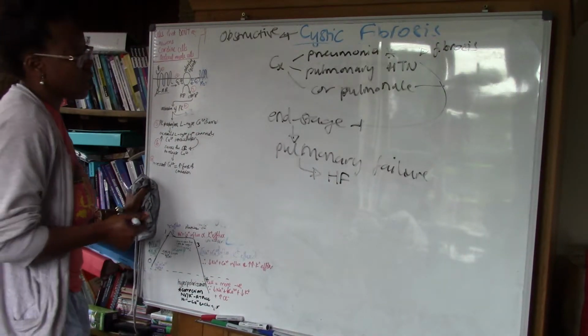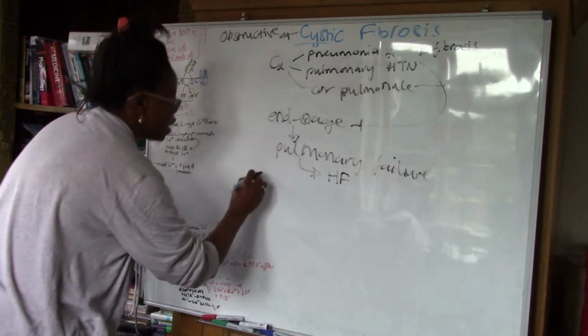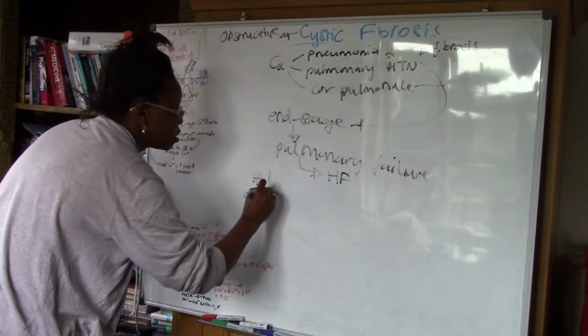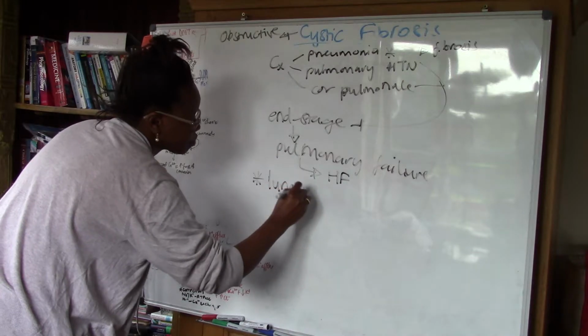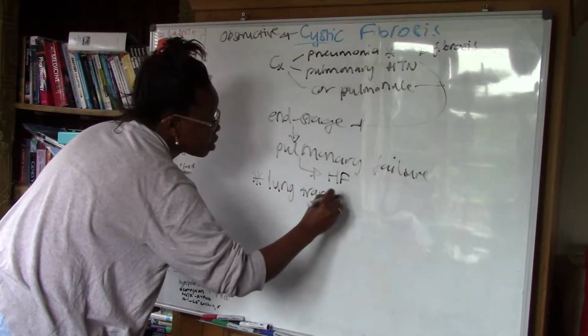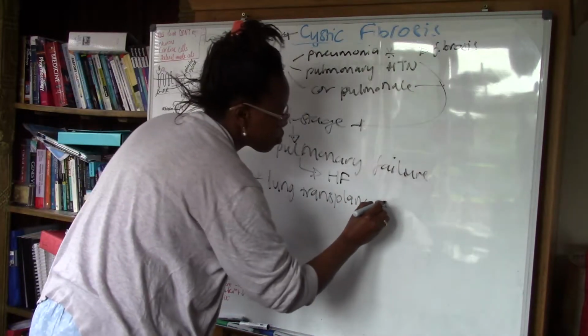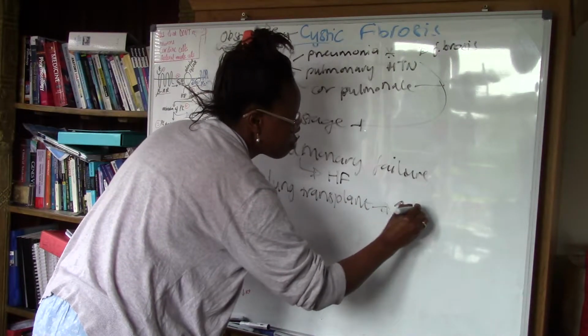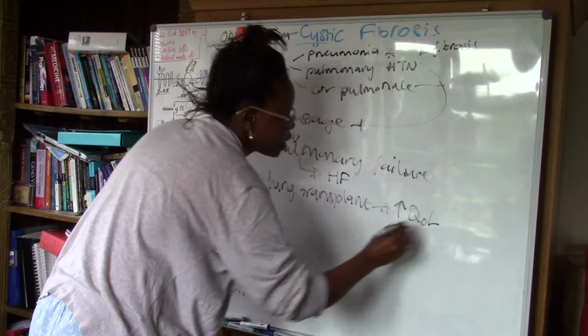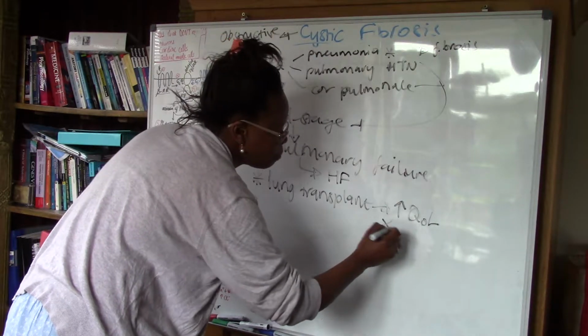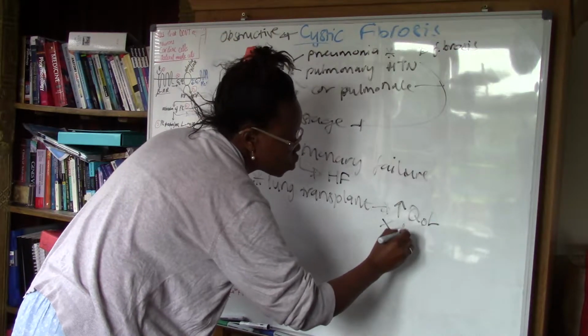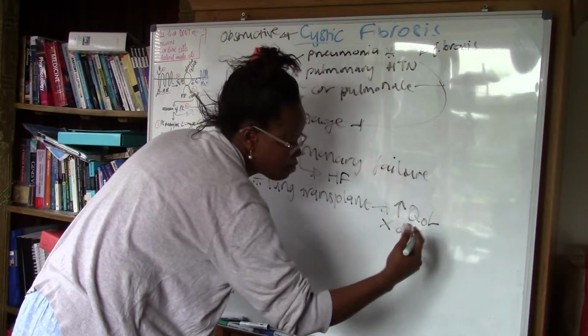People can have a lung transplant. But again, although a lung transplant will improve the quality of life, it will not improve the duration. It will not elongate the lifespan.